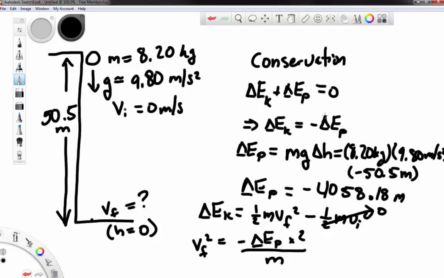V final squared must be twice the potential over m. So at that point we have that the final speed must be the square root of all that stuff: twice the change in potential energy divided by the mass. We're taking the square root of everything.